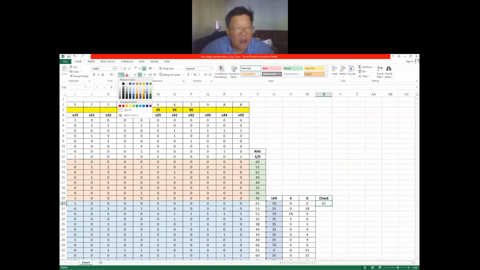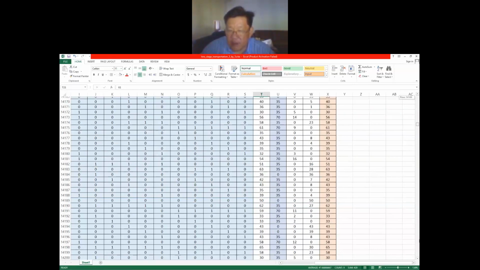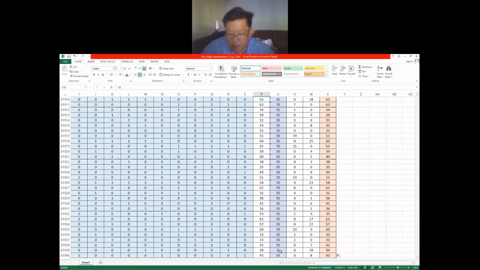I'm going to put some color here. You can see that all of this has to be equal to this, row by row, until reaching the very final 43, 22.